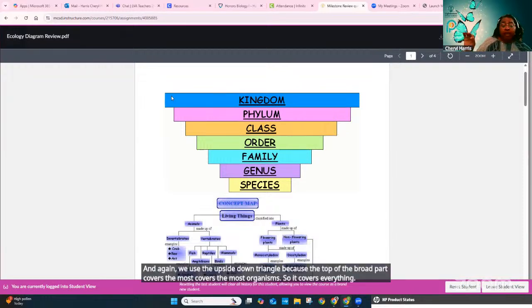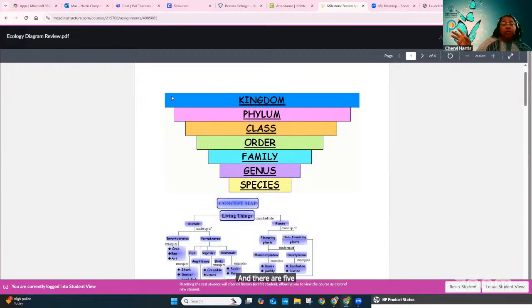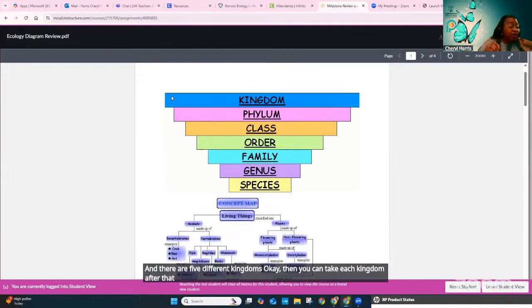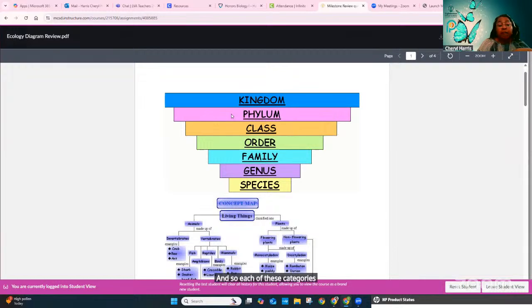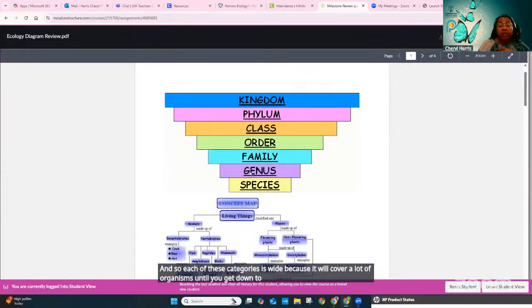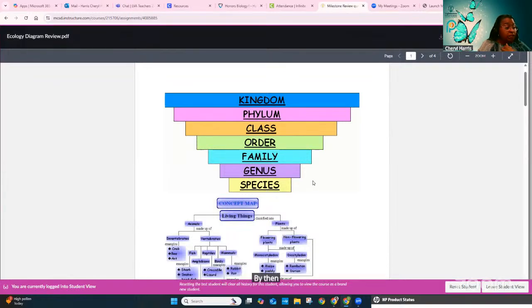And there are 5 different kingdoms. Okay, then you can take each kingdom after that and break each kingdom down to phylum, class, order, family, genus, and species. And so each of these categories is wide because it will cover a lot of organisms until you get down to genus and species. By then, you've kind of specialized who you're talking about.